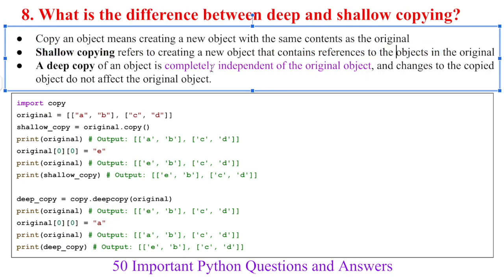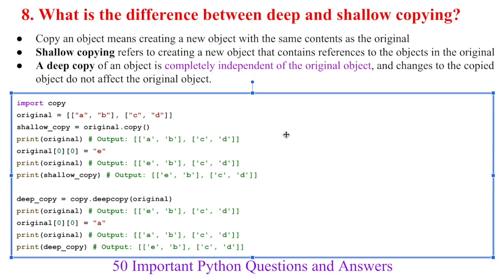Deep copy, on the other hand, creates a completely independent copy of the original object. That means that any changes made in the copied object will not affect the original object. So in that case, a deep copy copies not just the references to the objects in the original, but also the objects themselves.